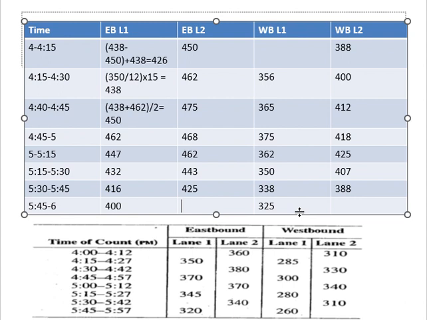Don't do 438 plus 12. Whatever answer you have, just apply it. How much is it? 347. And how much is this last one?